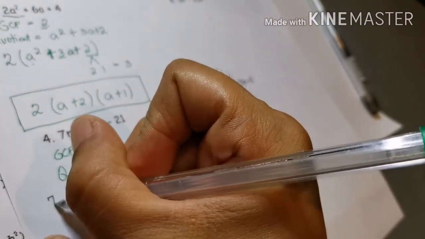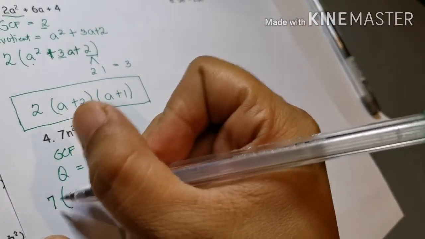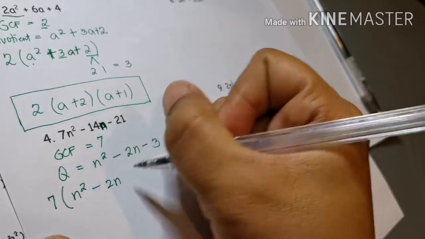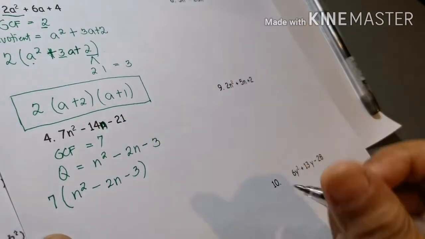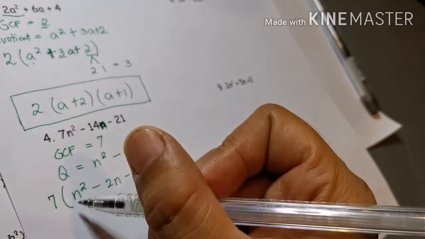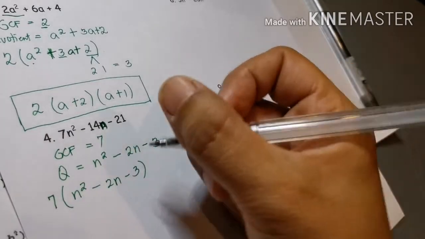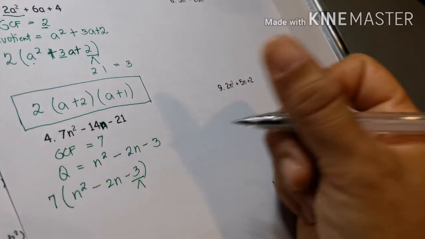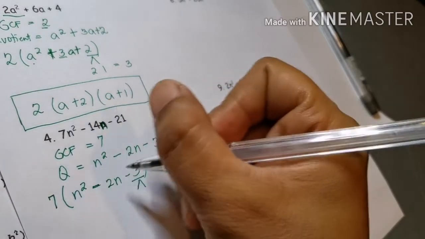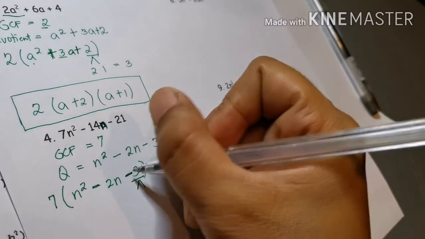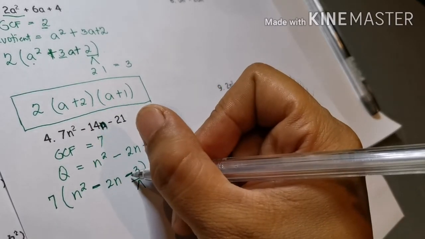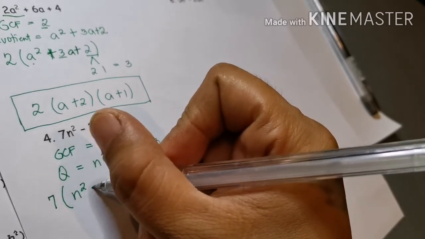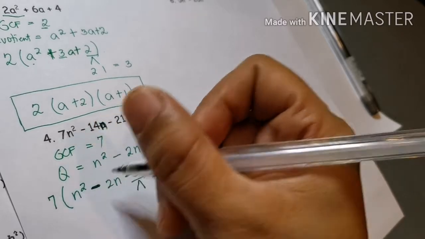So we're going to write our factors as 7, our greatest common factor, times the quotient, n squared minus 2n minus 3. But again, we are not yet done since our quotient is still factorable. So what are the factors of negative 3? Again, this is minus and minus, so one of the factors is negative, and it is the greater factor.